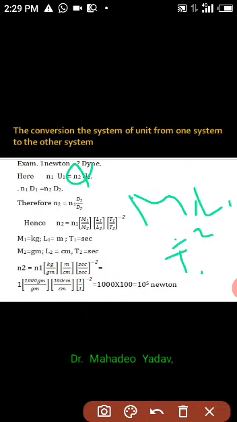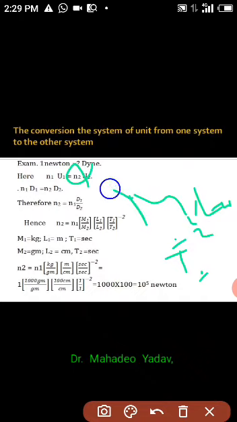So, D1 is the upper portion, therefore M1, L1, T1 inverse 2 in the upper portion. D2 is the lower portion. For dyne, we write the same dimension M2, L2, T2 inverse 2.